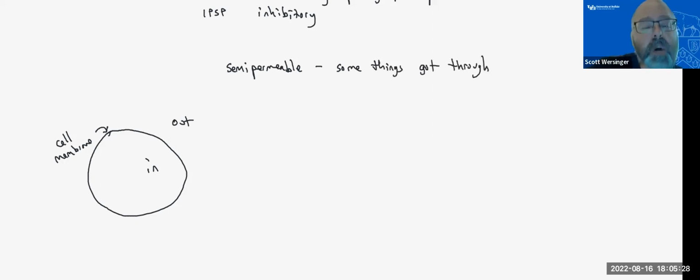Some things that go through are fat soluble, things like heroin, and things like carbon dioxide and oxygen gases can just pass right through. Other things cannot. Things that can't pass are large proteins, most neurotransmitters, things like that. In addition, ions can't pass through.